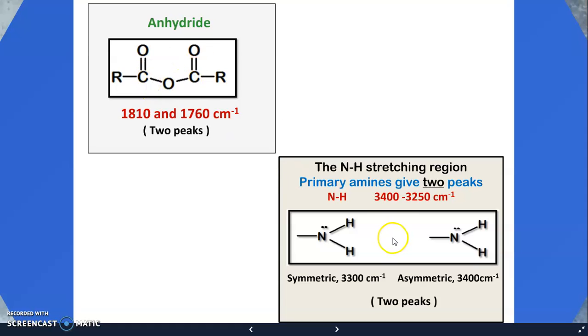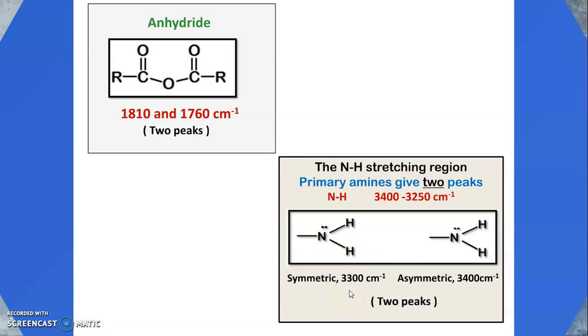In the second example, you can see the primary amine where the NH group is present. As it is a primary amine, there is NH2. So N is bonded with two hydrogens, which will give a symmetric as well as an asymmetric peak.